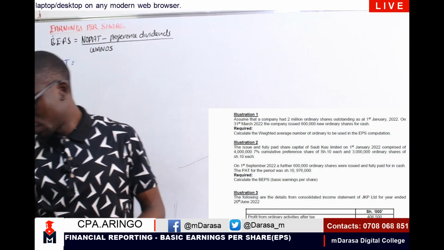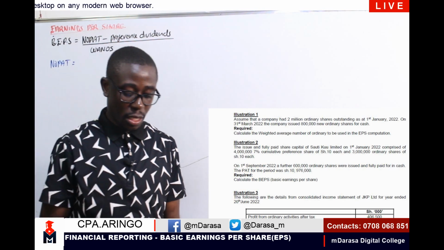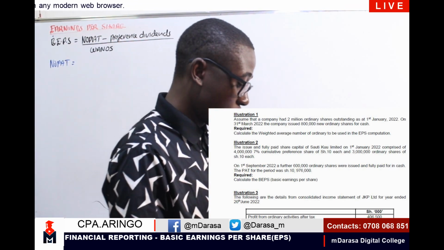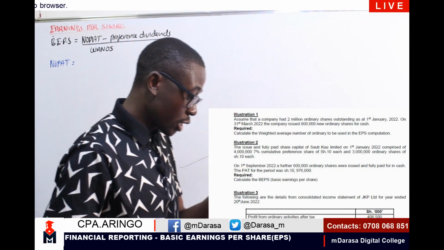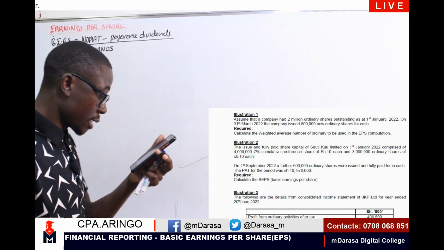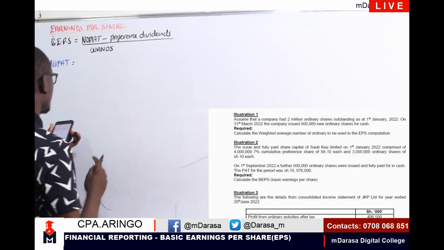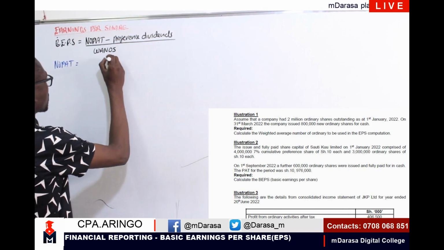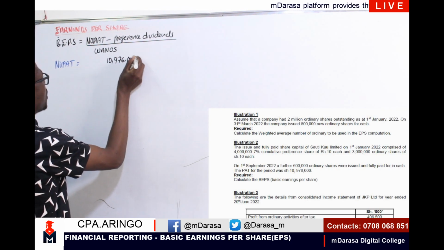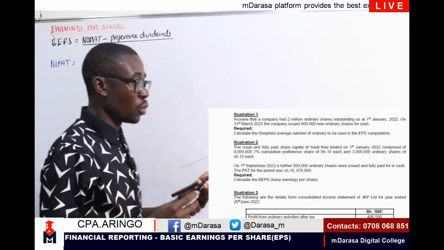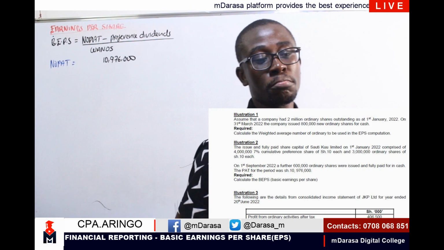Our good examiner is very good, because you can clearly see that the examiner has given us the profit attributable to ordinary shareholders. Profit after tax for the period was 10,976,000. That is what was attributable to ordinary shareholders.